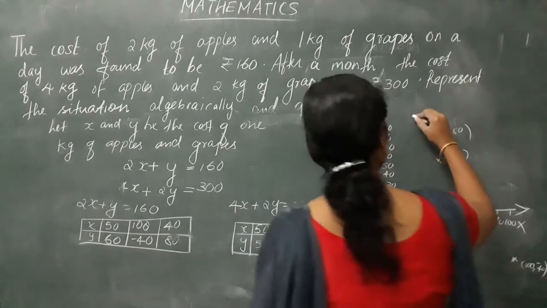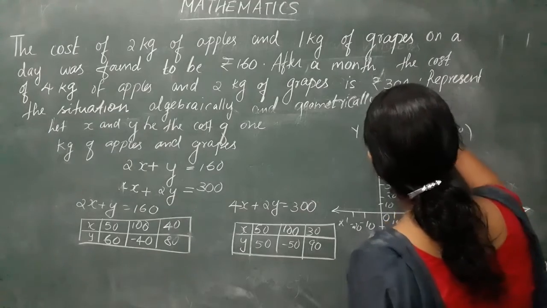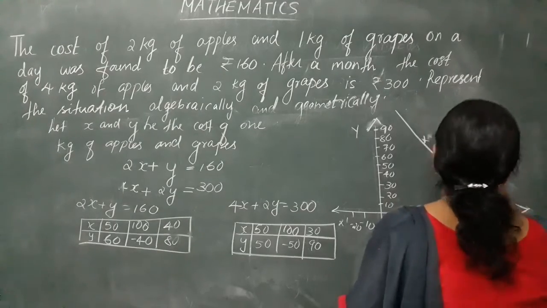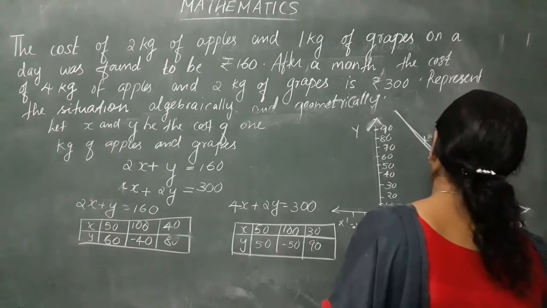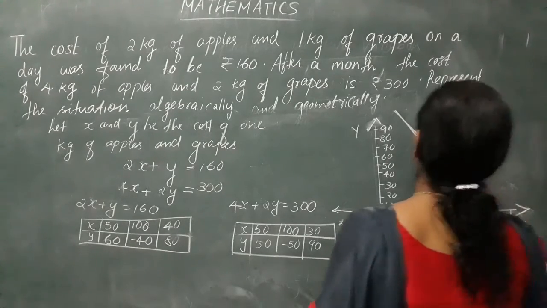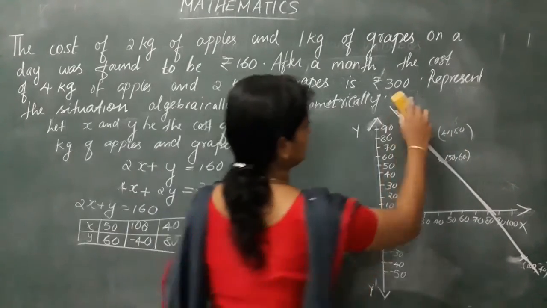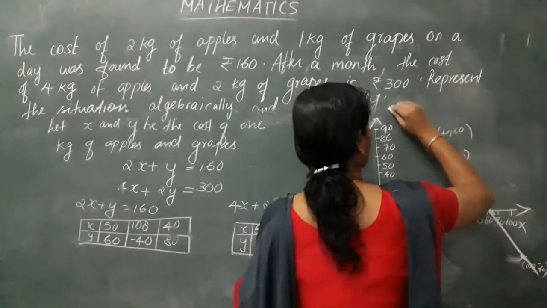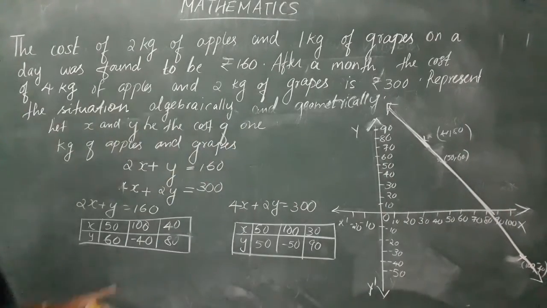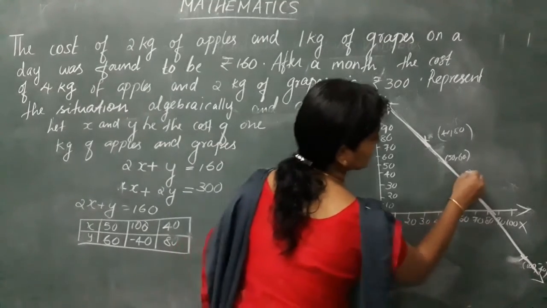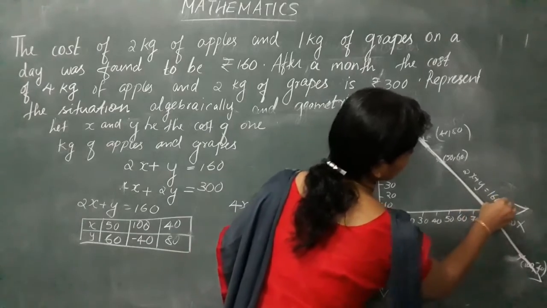Clear? Join the points using the line. Almost here it is coming. Okay, this is the line for 2x plus y is equal to 160.